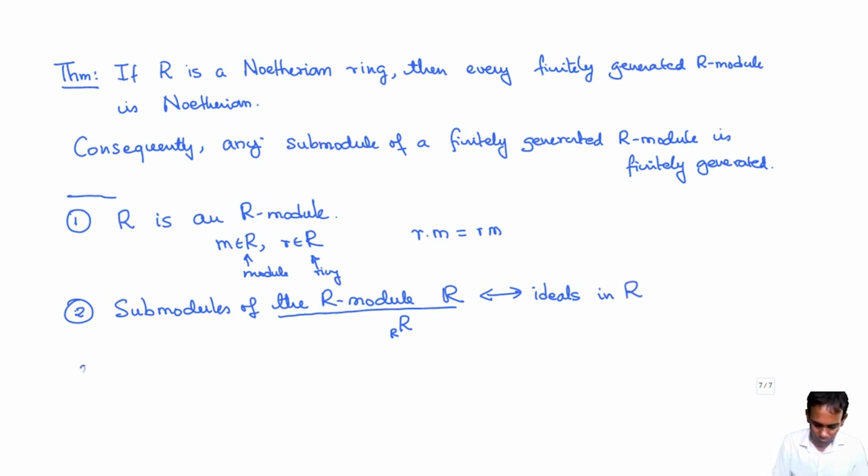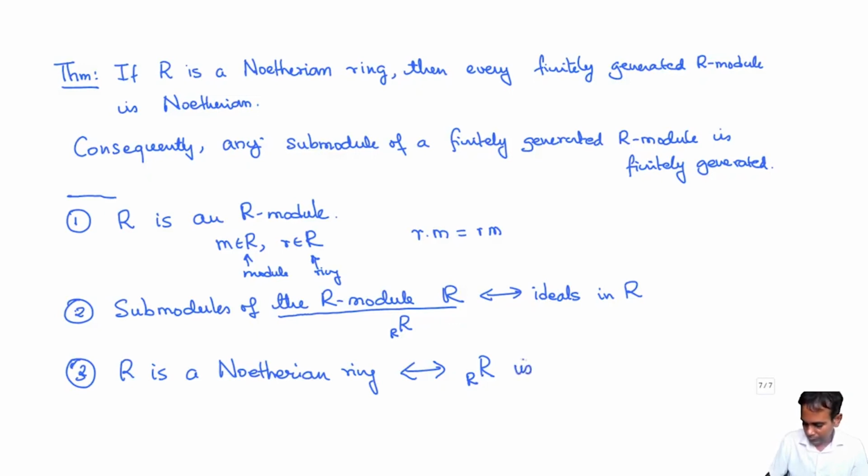And so R being a Noetherian ring is the same as R as a left R module being a Noetherian R module.